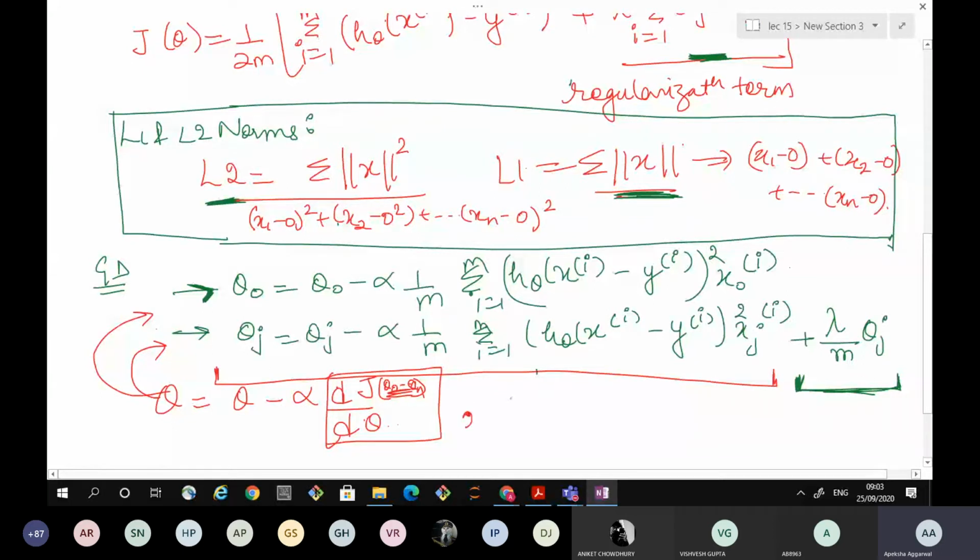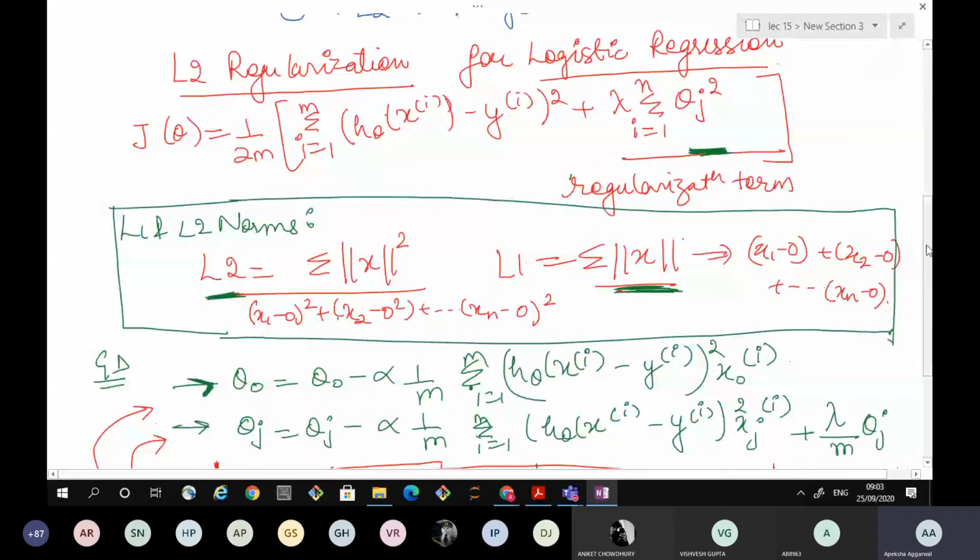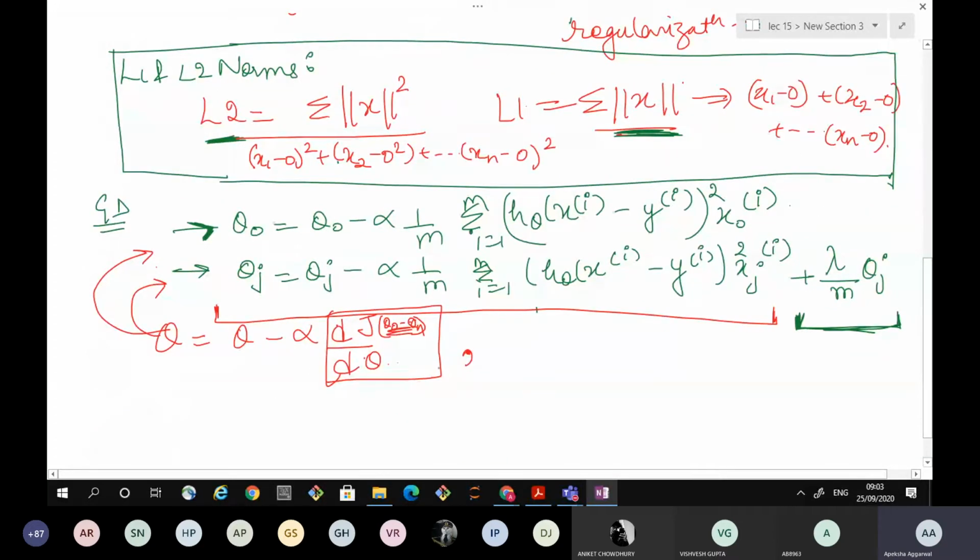So if I'm calculating the gradient for the remaining term, that is this part, lambda sigma j is equals to 1 to n theta j square, this is the term I am differentiating with respect to theta. So what will I get?